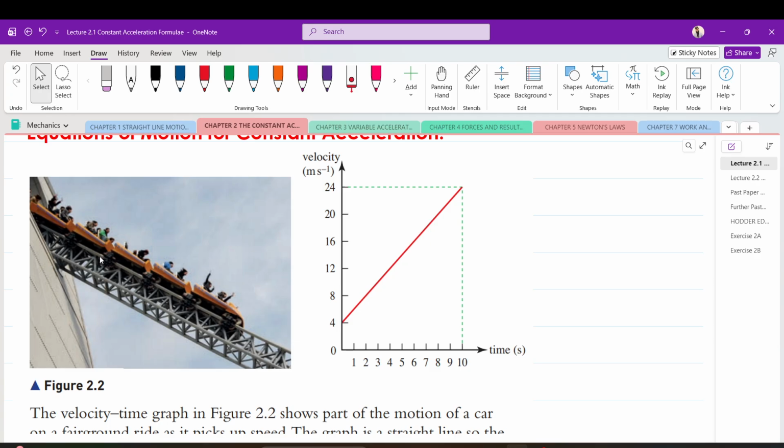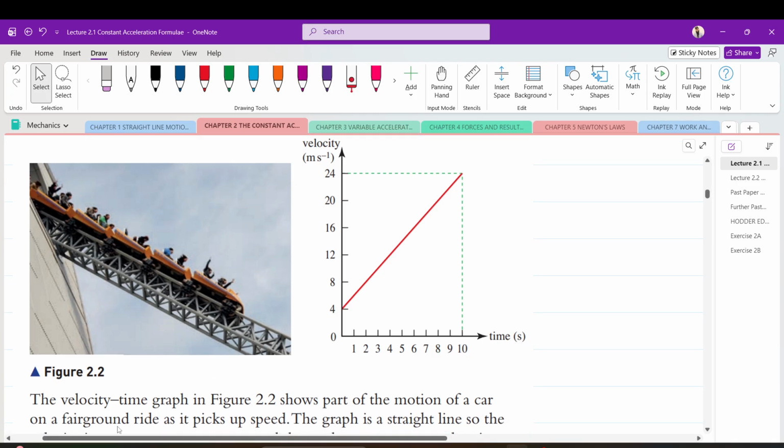If you're going downhill, then the velocity increases all of a sudden. Assuming that the acceleration is the same, this is the graph that we get. Initially the car was traveling at 4 meters per second, and then in 10 seconds the velocity of the car increased to 24 meters per second.